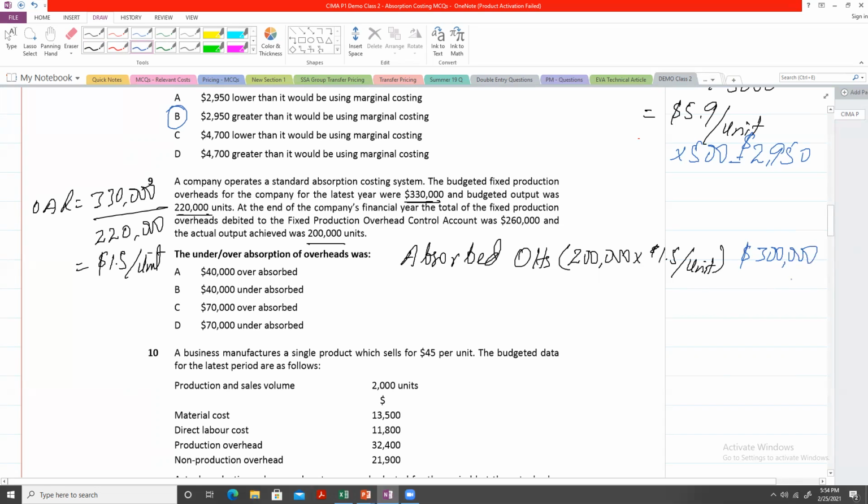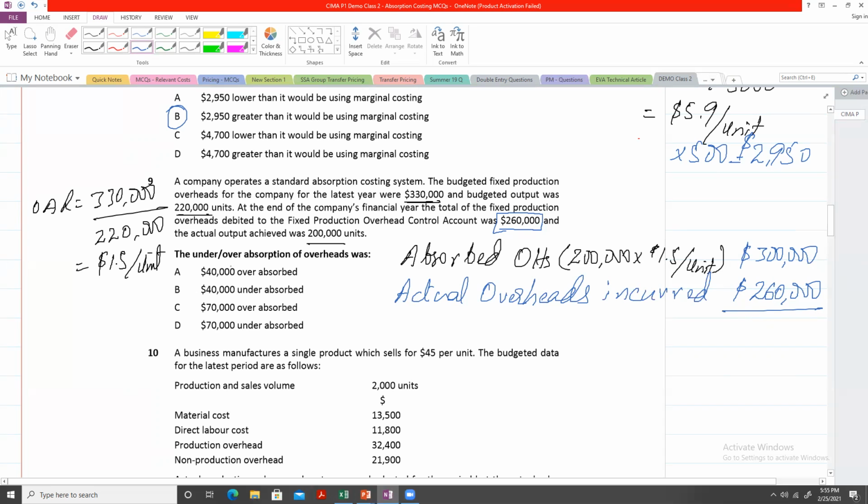These are our absorbed overheads, $300,000, and this is the actual overheads figure, $260,000. So the actual overheads are less than what we absorbed.